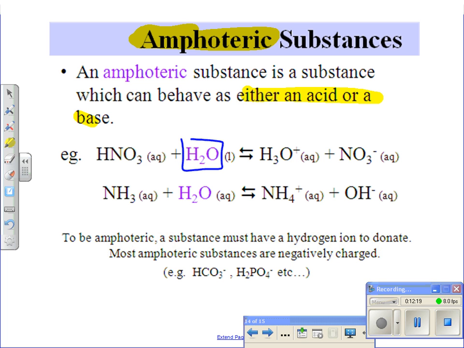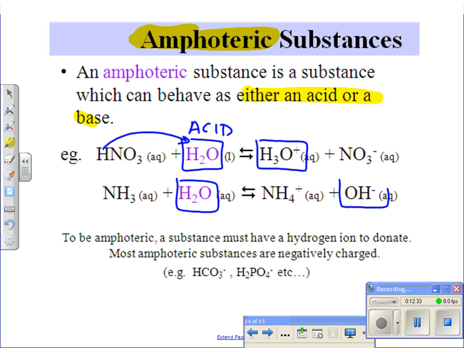In this case, water takes an H from HNO3 and becomes H3O+. In the bottom equation, you have two H's on this side and one H on this side. It transfers an H to NH3, making NH4+ and OH-.